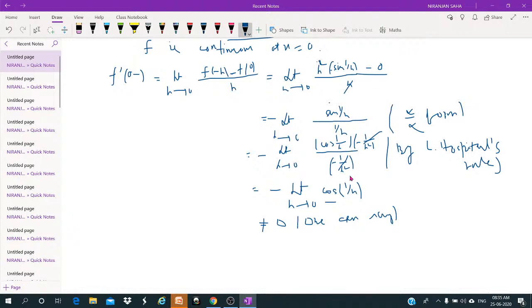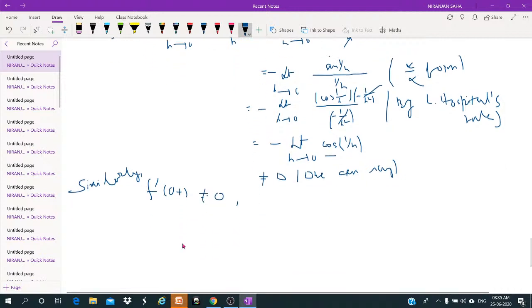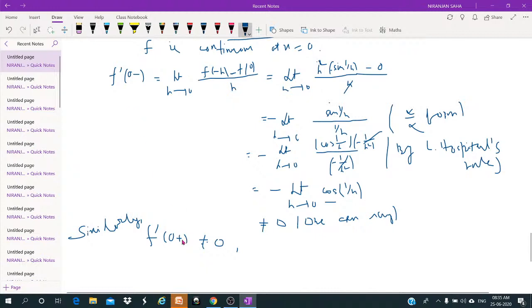Similarly, the first derivative at 0 is also not equal to 0.